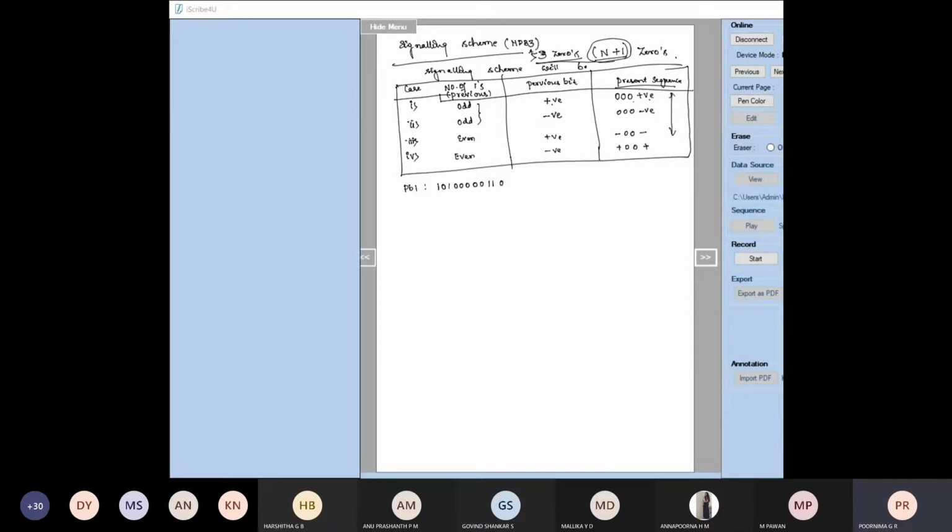Then 1, 1, 0, 0, 0, 0, which is 4 zeros. Then 1, 1, 1, 2, 3, 4, 5, 6. This is the sequence to be signaled in HDB3 coding.